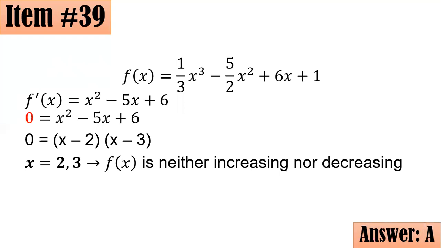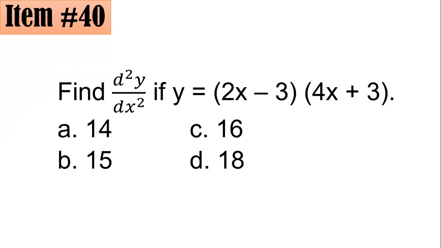So I hope you got it right as well. Let us move on to item number 40. Find d squared y over dx squared. You might be confused by this notation, but this simply means the second derivative. If y is equal to the product of 2x minus 3 and 4x plus 3.